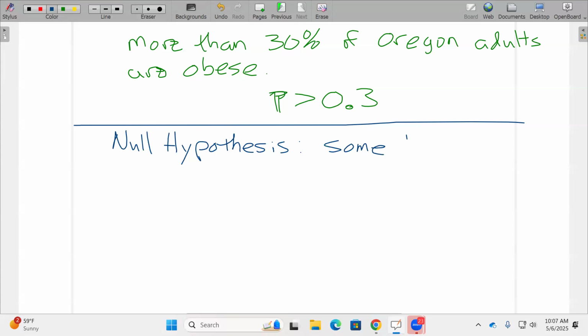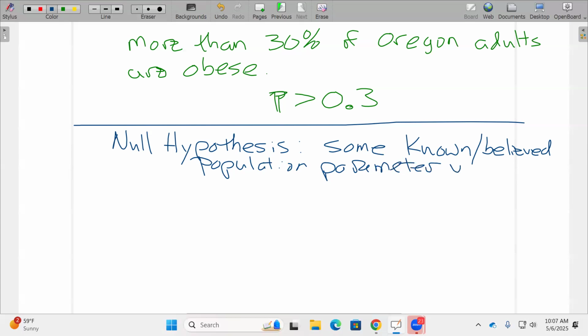So some known or maybe believed population parameter value. Like the other day, I looked up, based on data from the CDC and the Census Bureau, the percent of Oregonians that are believed to be obese. And I think it was 31%, maybe. I can look it up again.